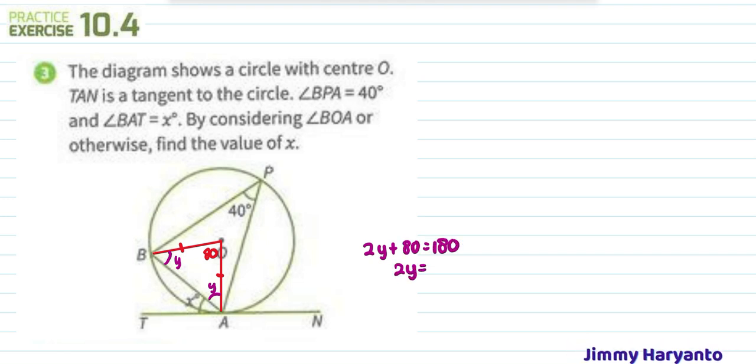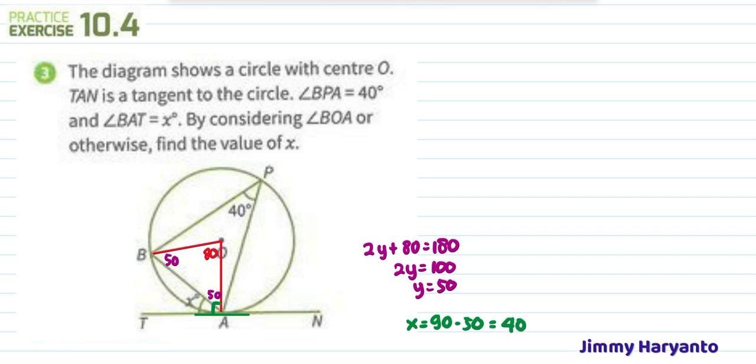So 2y equals 100. Y equals 50. So the y equals 50, and that one is also 50. And to find the x, I only have to use the tangent and the radius. Yeah, it's 90. That means x equals 90 minus 50 equals 40.